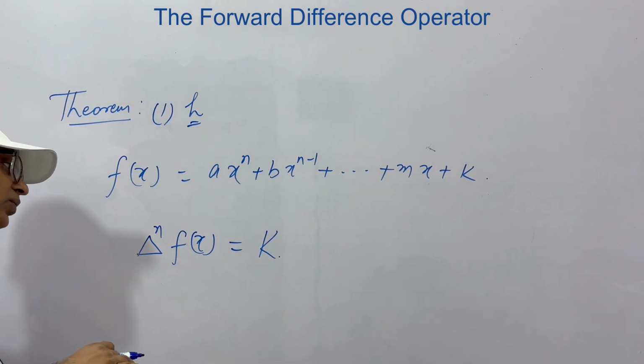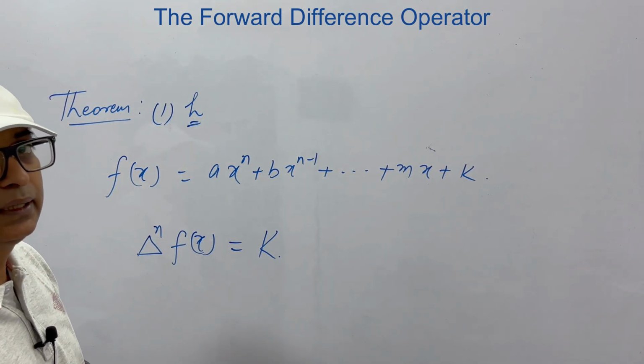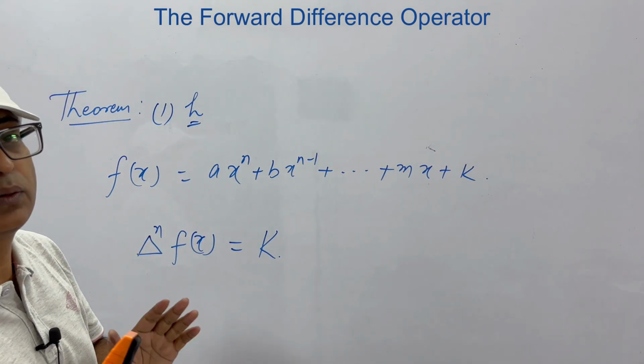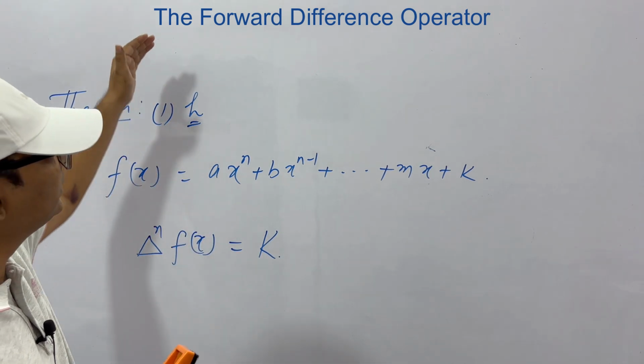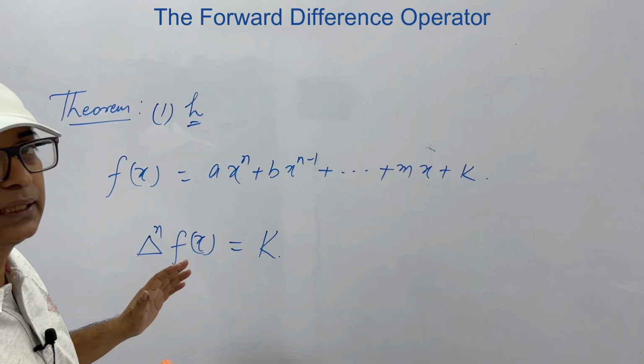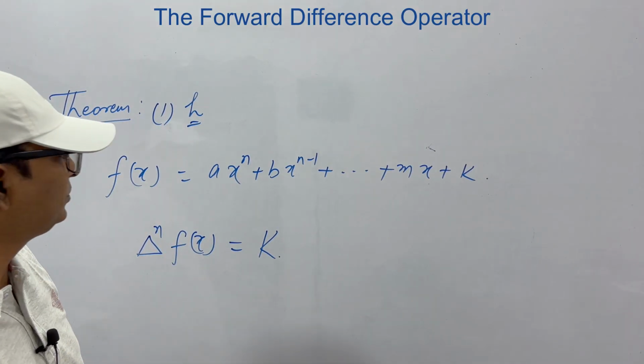And the converse is also true: if the nth column of a table has all differences constant, then the function for which this table has been constructed is of nth degree. Clear?